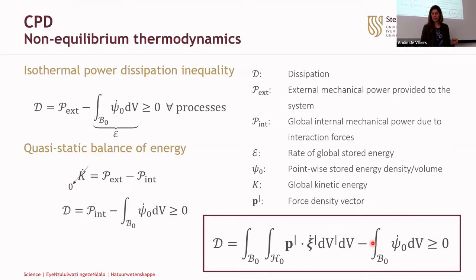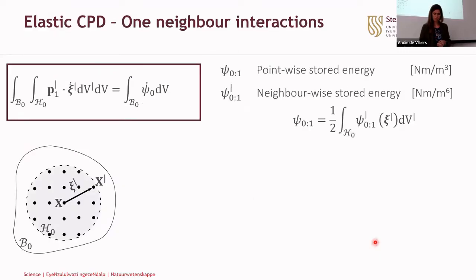Now I want to look at this stored energy density per volume. Okay, and so this is a global quantity, but it's based on the integral of a pointwise quantity. So for each material point, you can calculate this. But you can go even further to look at the neighbor-wise stored energy. Okay, so how this point and its neighbor interact with each other.